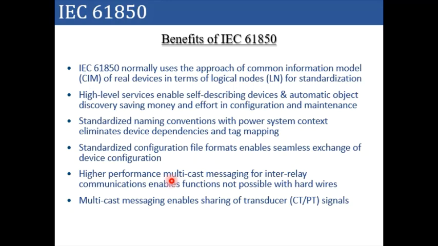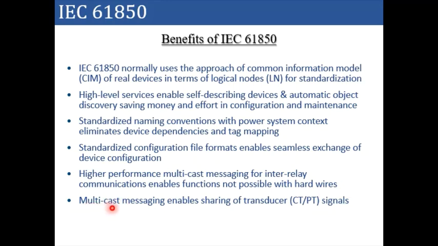Higher performance multicast messaging for inter-relay communication enables functions which are not possible with hardwiring. So since the IEDs utilize multicast messaging using GOOSE, the information is broadcasted to all the devices which are available on the network. This helps in sending the data to multiple devices without having the hardware configuration.